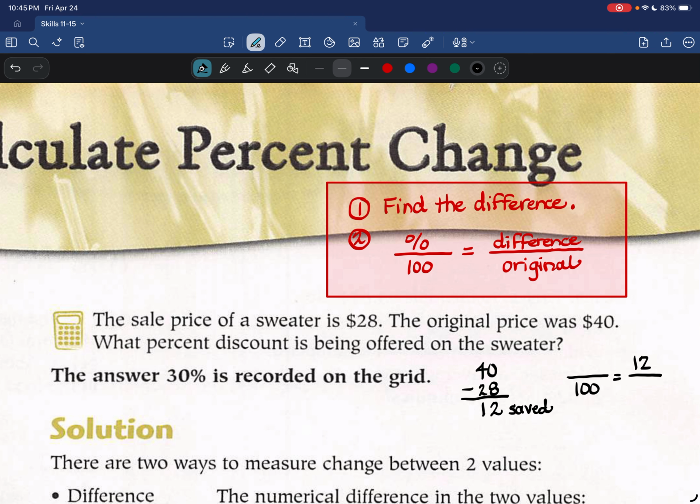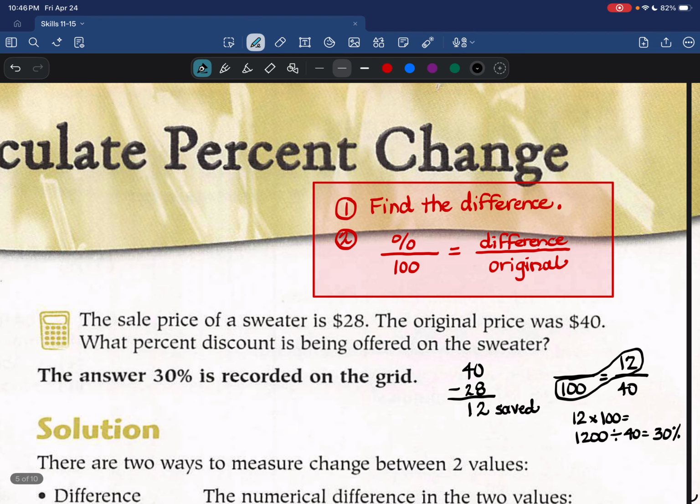What was the original price of the sweater? It was $40. And then you multiply the percent, so 12 times 100 is 1,200. And then you divide that by 40 to get 30. So the percent of savings was 30%.